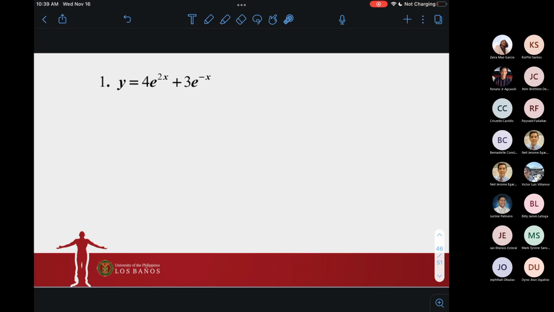Look at the functions involved. First, e to the 2x. Kailan nga tayo nagkakaroon ng e to the 2x na solution? Sige nga. So maybe I can say here by inspection, we note that m equals 2 is a solution to the characteristic equation.